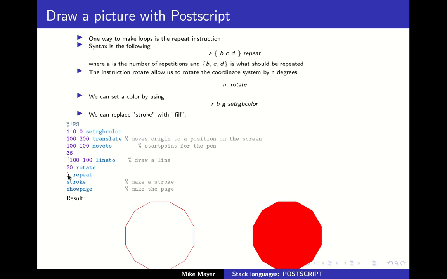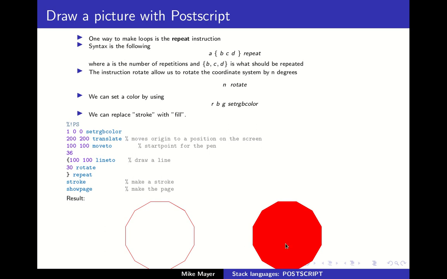And then we have here the closing bracket for the repeat function, and at the end we have stroke and showpage. So this will result in this empty stop sign, if you want, with a white center. Maybe remember stop signs, they look more like that.